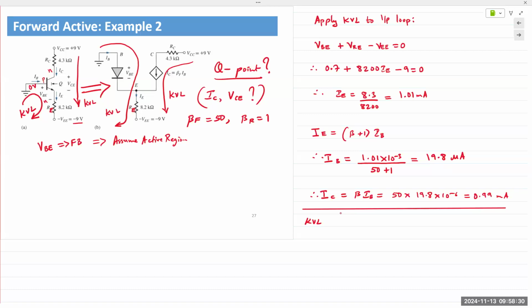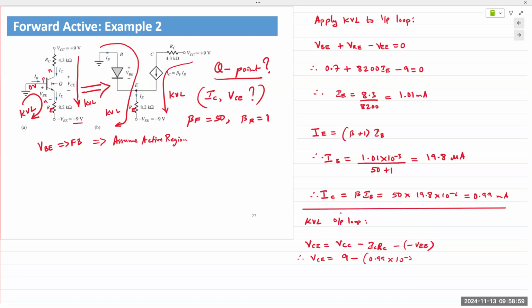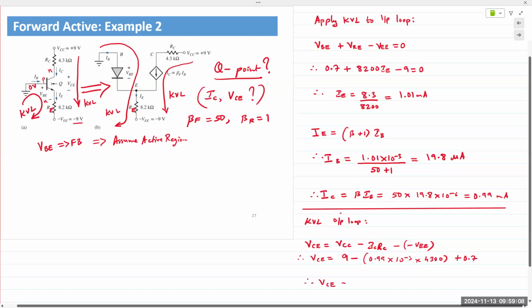So KVL in the output loop, I would get VCE is equal to VCC minus ICRC minus VEE, and therefore VCE is equal to 9 minus 0.99 times 10 raised to minus 3 times 4,300 plus 0.7, and therefore VCE is equal to 5.44 volts.